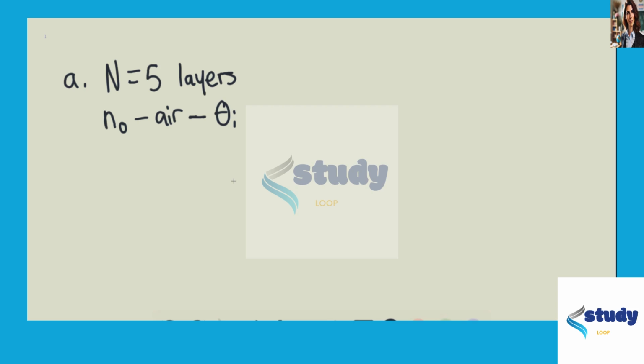Then the angle of the emerging light ray would be theta sub f, so this would be the incident ray and theta sub f would be the emerging ray.